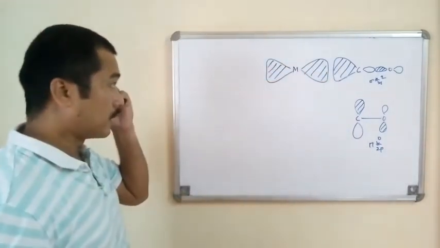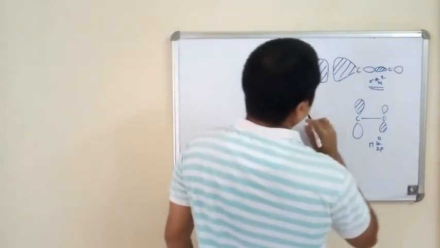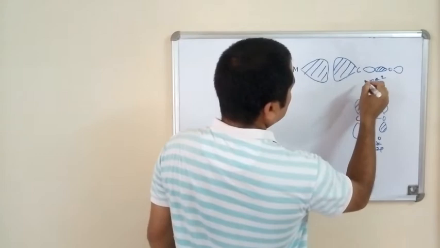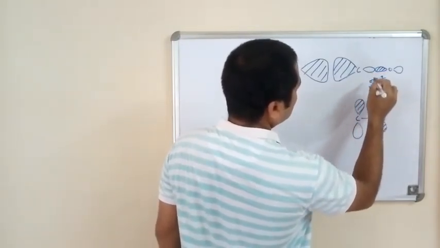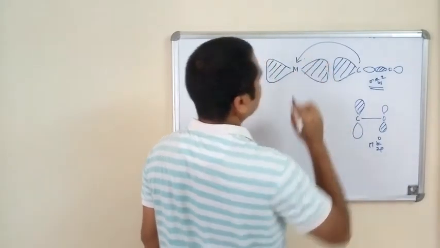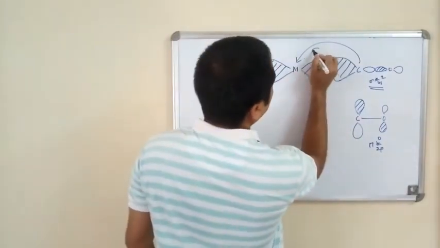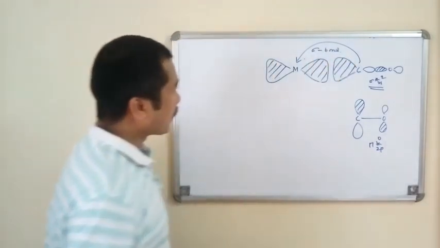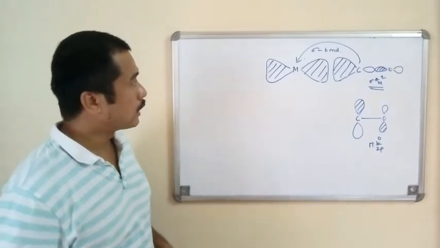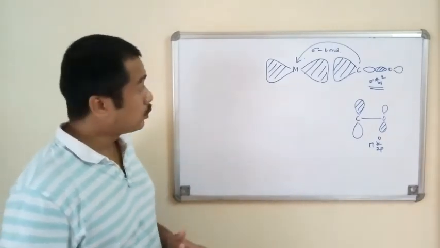So we draw it in this way, and because this molecular orbital is now filled, electrons will be transferred from the sigma star 2s molecular orbital of carbon monoxide to empty metal d orbitals to form a metal carbonyl sigma bond.